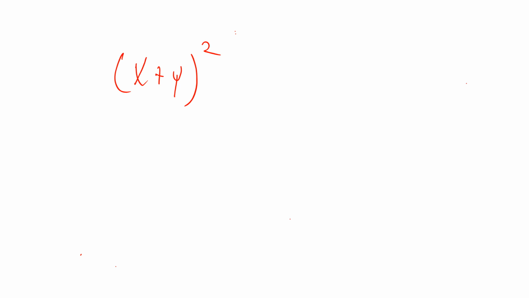I square x, x squared. That's the first term. y squared, that's the last term. Now in the middle, it's going to be 2 times the product of the terms in the binomial. The product of the terms is xy, so 2 times xy is 2xy.